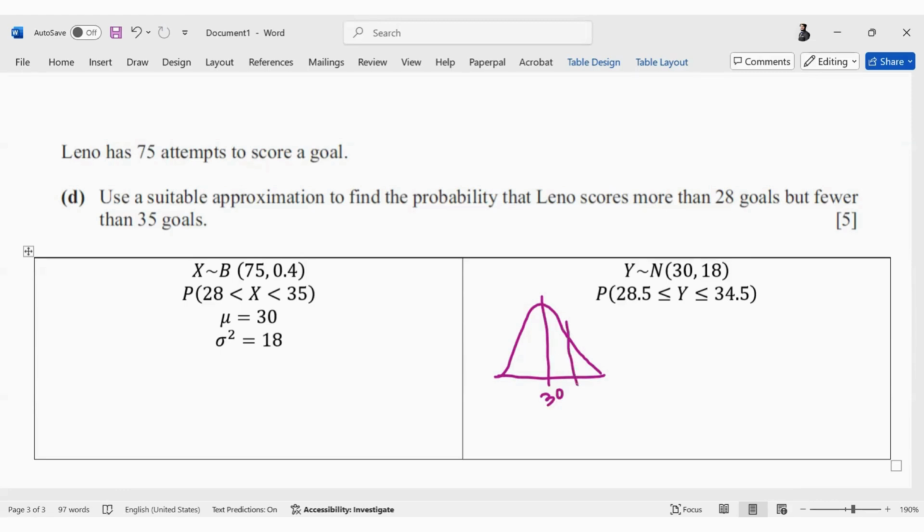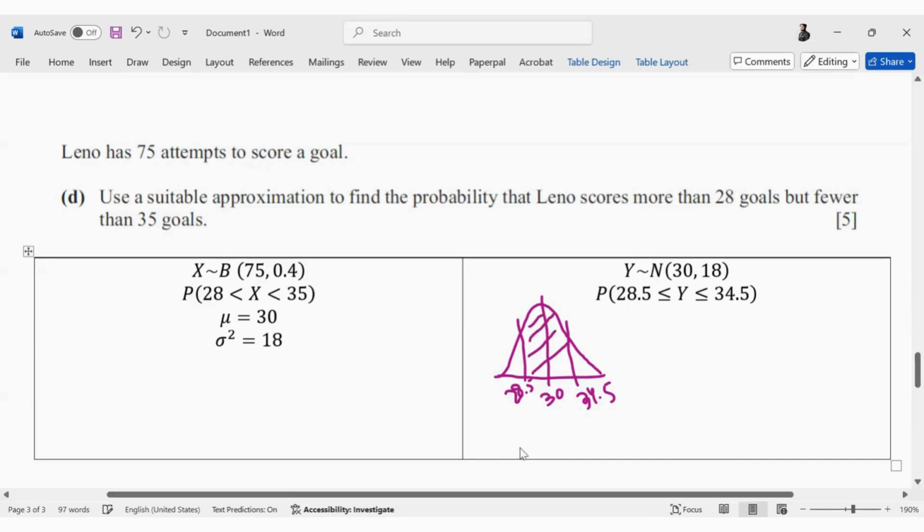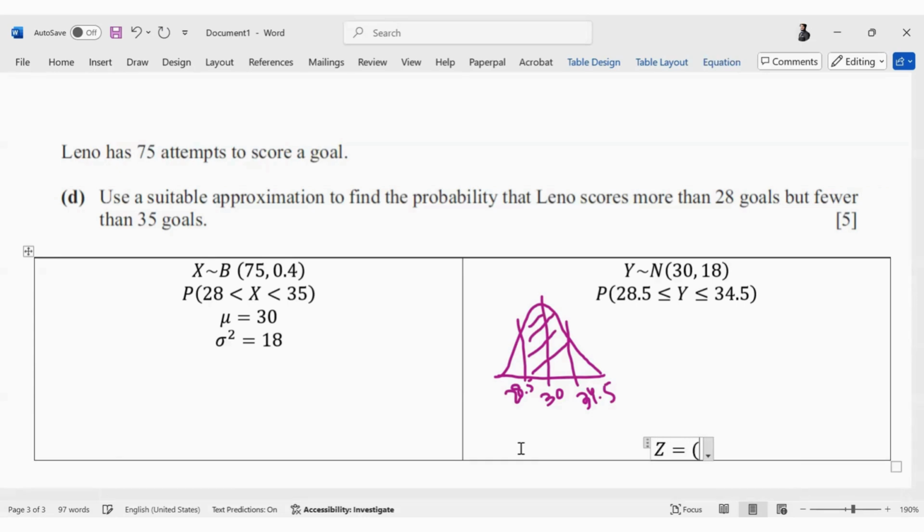I want 34.5 and 28.5. I want the area in between. First, I will find the Z value for 34.5.